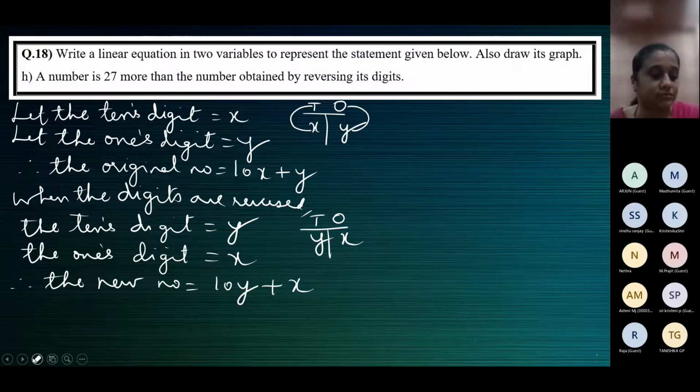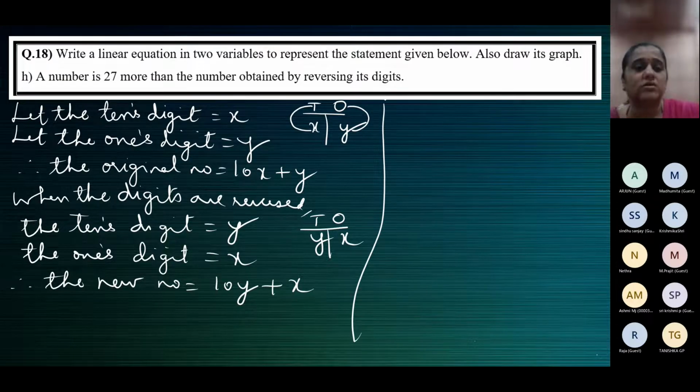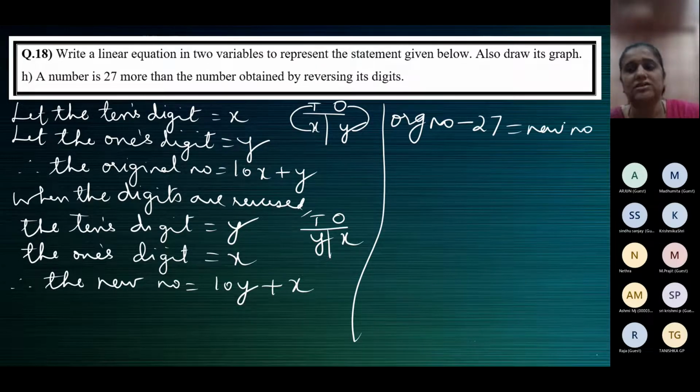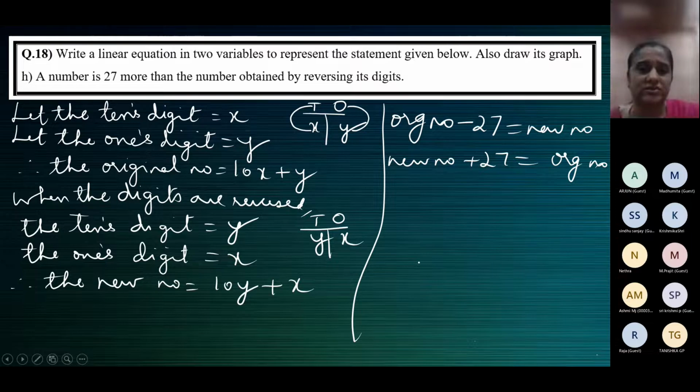Since the original number is greater, from the original number, if you subtract 27, you will get the new number. You can also write it like this and substitute. Or you can say to the new number, if you add 27, you will get the original number. Just think about it. Which is greater? Original number is greater.